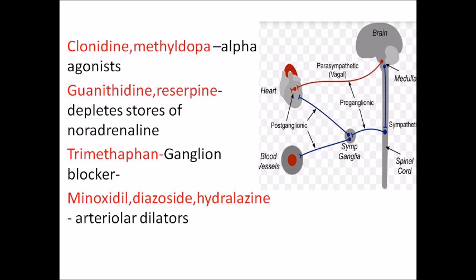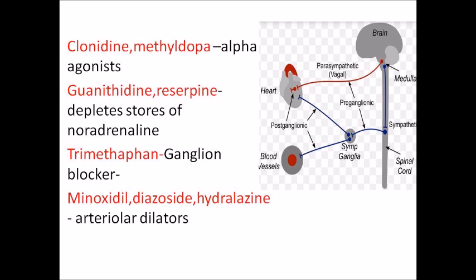The next is at the ganglia level. We have sympathetic ganglia. So this ganglion blocker is trimethaphan. There is only one example, trimethaphan. And finally, at the blood vessel level, the arteriolar dilators are minoxidil, diazoxide and hydralazine. So all the drugs you will get from the figure. One is centrally acting, then we have the adrenergic nerve level, then the ganglion level, and finally the blood vessel level.